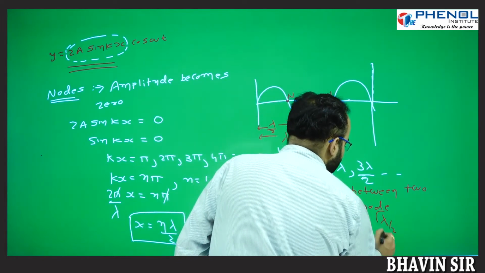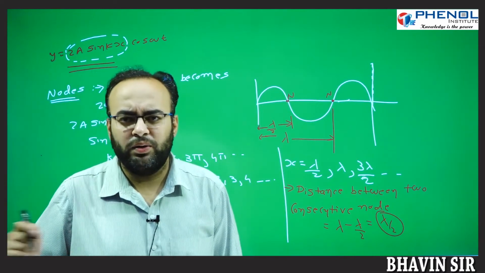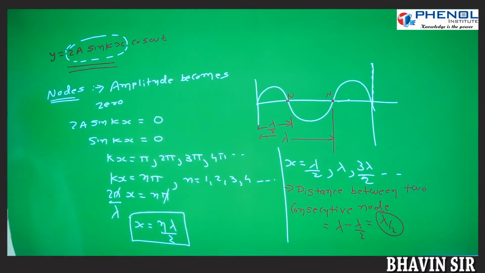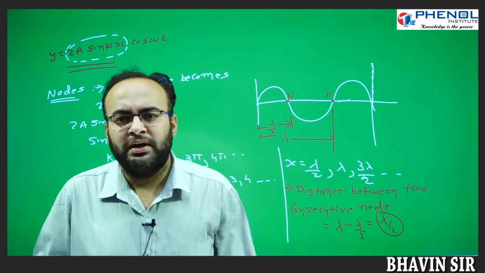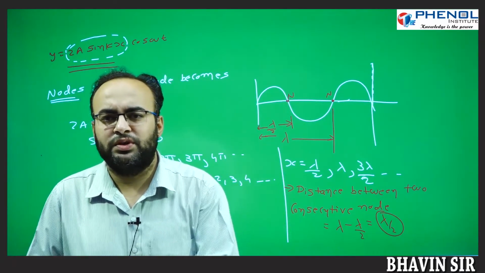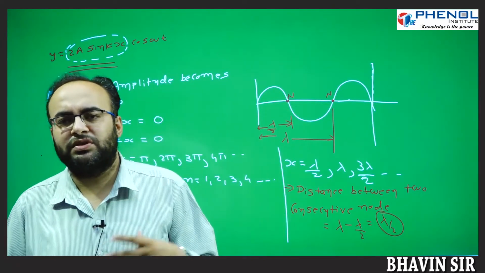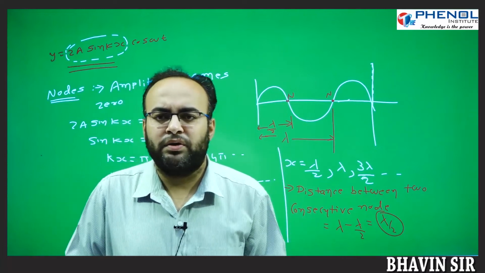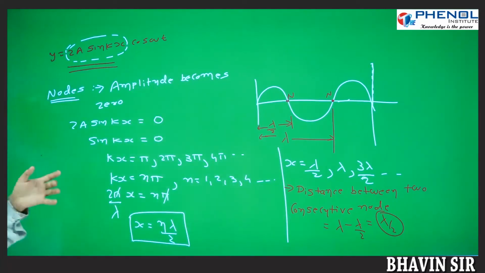So what is the distance between two consecutive nodes? Lambda by 2. Chalo, so node means what, students? The point at which amplitude becomes 0 is known as a node. Chalo, so these are the nodes.